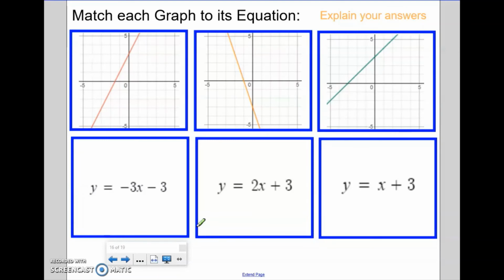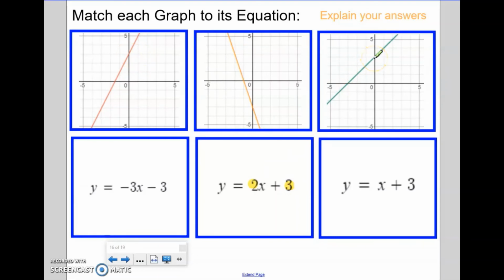Okay, welcome back. So if I quickly talk through this example, I'm looking first of all at this one in the center here. I'm looking for a gradient of 2 and a y-intercept of 3. So if I look at my graphs, this has a y-intercept of 3, as does this.